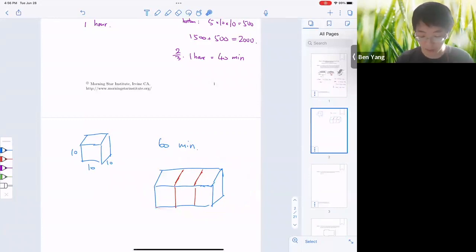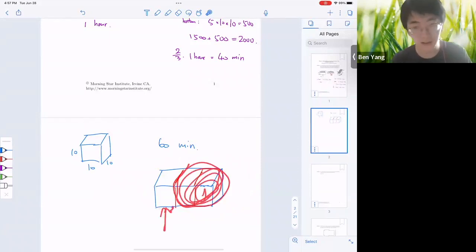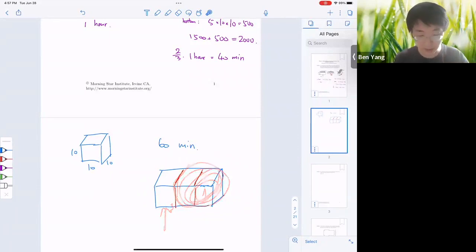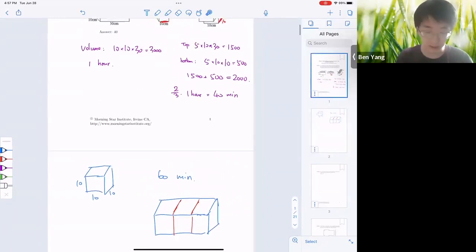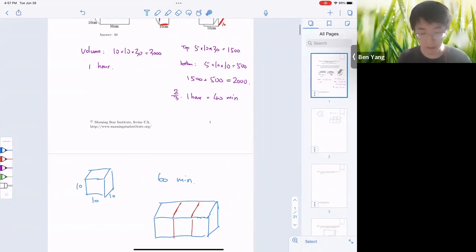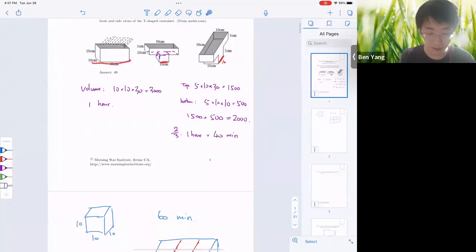So if you remove the 2 here, then you just put that part outside, then it will also take 60 minutes. And the reason is, well, the rate at which we fill up the container depends on the area of the top, right? If you look at the original question, the area of the top is like 10 by 10 times 30.